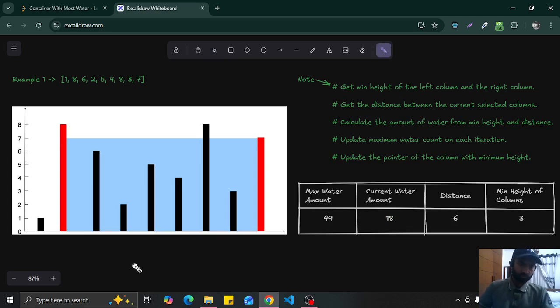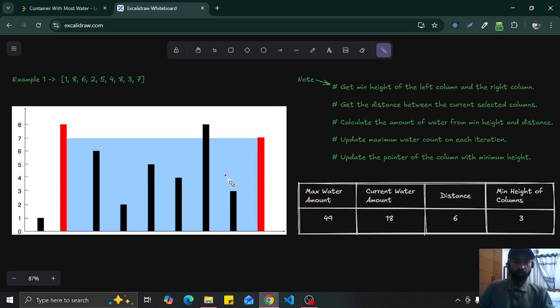Are we getting 18 units of water here? 3 3 6 9. Okay, yes, it is 18. So the current water amount is 18 and the maximum water amount is 49, so the maximum water amount is not going to get updated.